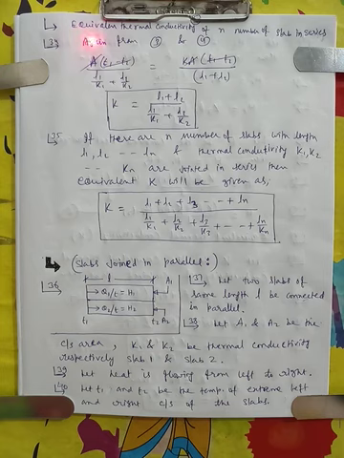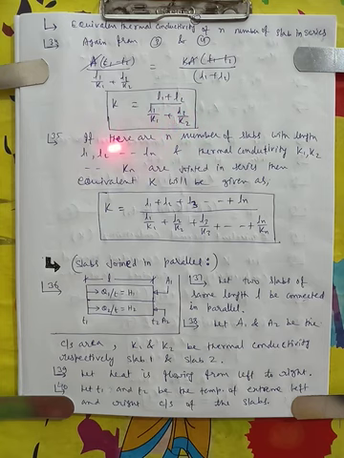Now I would like to give one expression for n number of slabs in series: what will be the equivalent thermal conductivity? Combining equations 3 and 4, we get K is equal to (L1 plus L2) divided by (L1 by K1 plus L2 by K2).